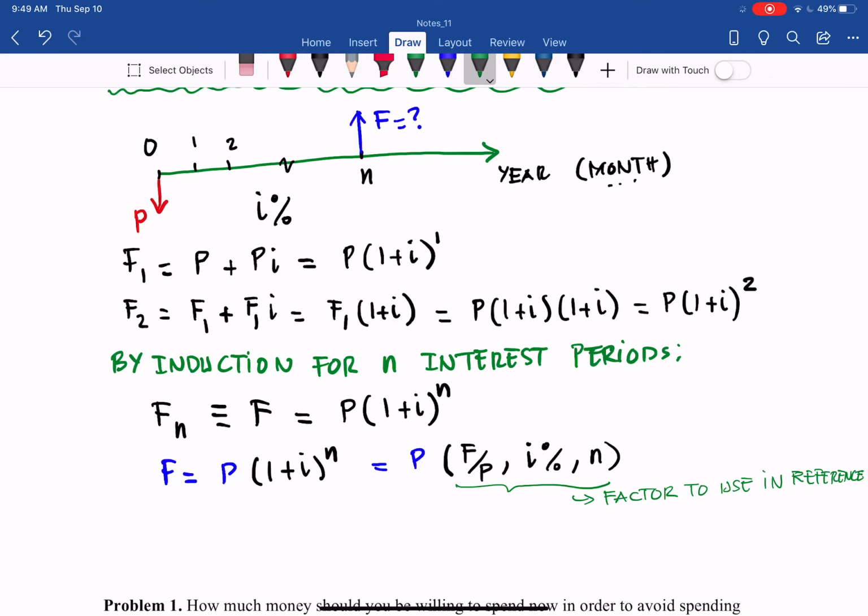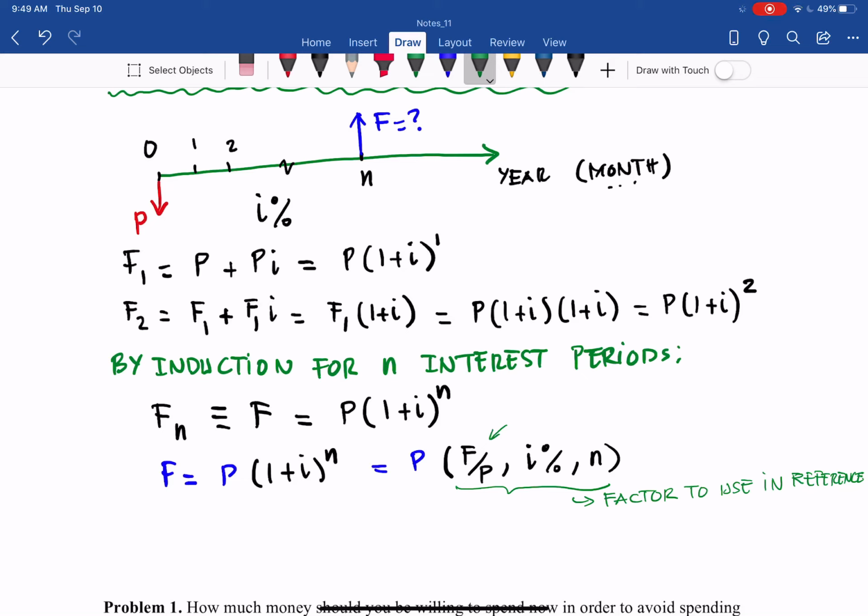It is not F divided by P; rather it means, given P, find F. What is given goes to the denominator, and what you find is F. And the factor in that bracket will be (1 + i) to the power n.